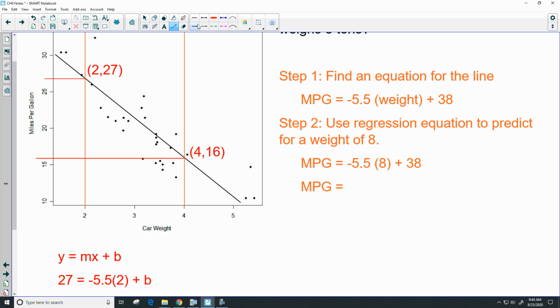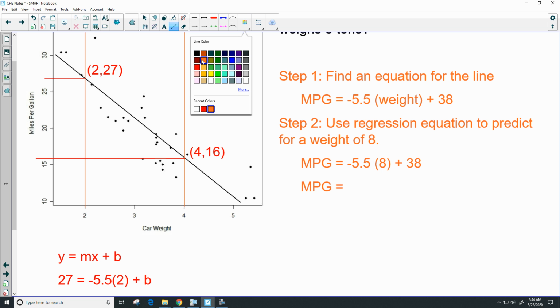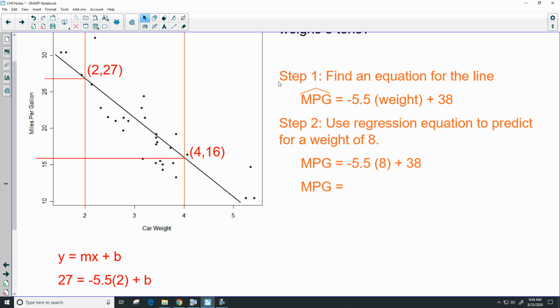And again, I should probably put a hat on there. Those do have hats because they are estimates for miles per gallon, not actual.